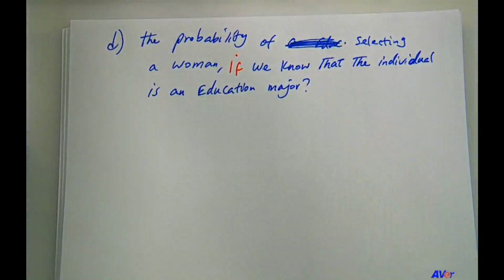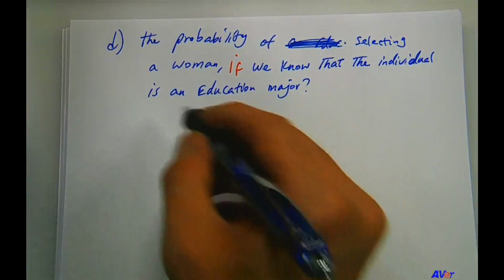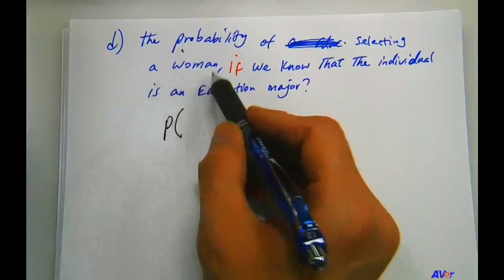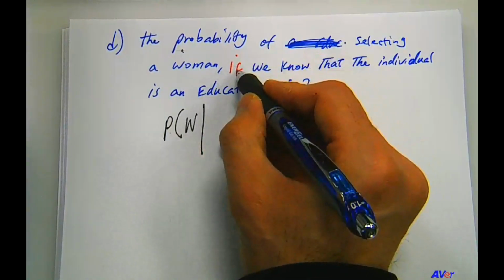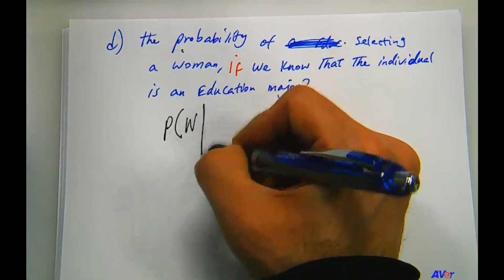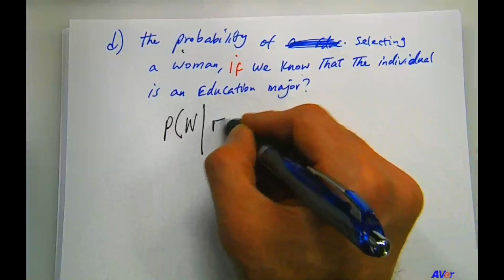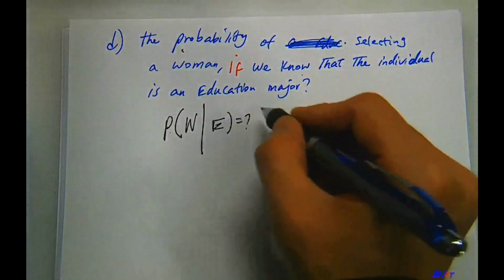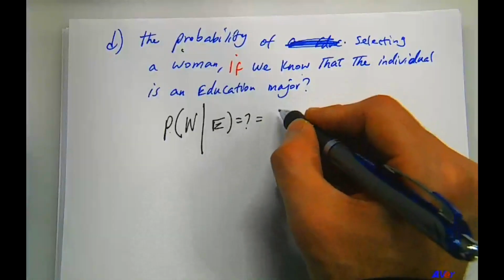So let's translate this question to the conditional probability notation. We're looking for the probability of selecting a woman, W, given, which translates into this vertical bar, that the individual is an education major, E. So let's complete the formula for this conditional probability.